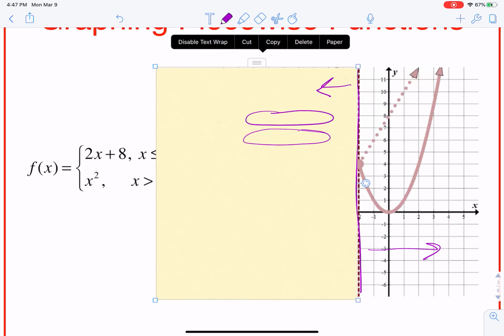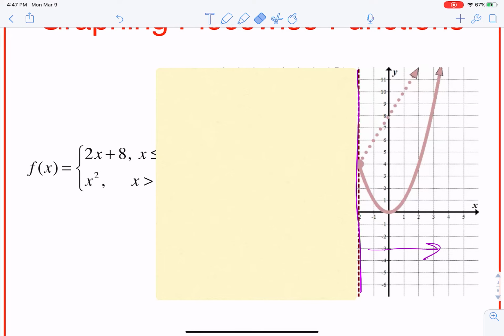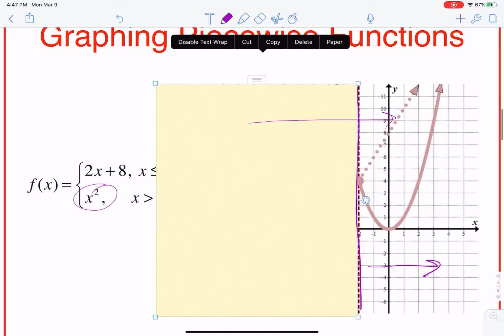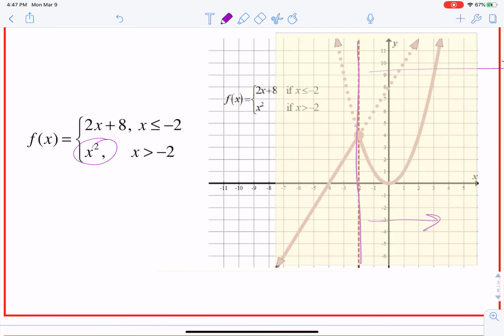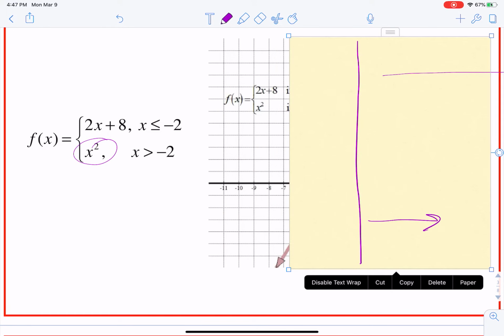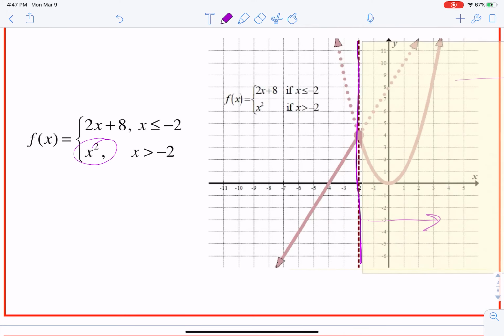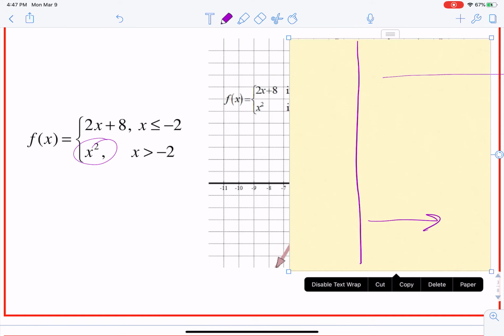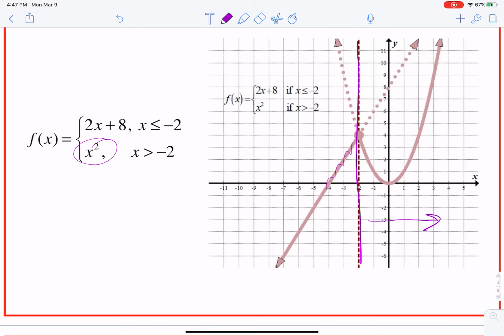So from negative 2 over this way, everything over here looks like this x squared, and if I were to move this over to the other side, you can see that I'm only seeing this value over here for all of my x values that are less than or equal to negative 2.